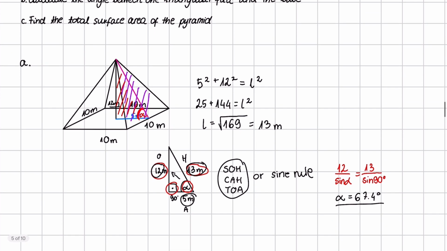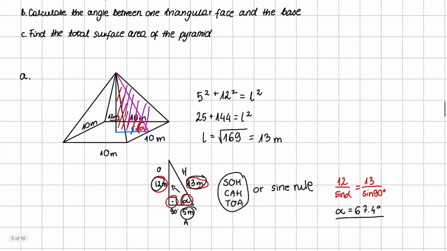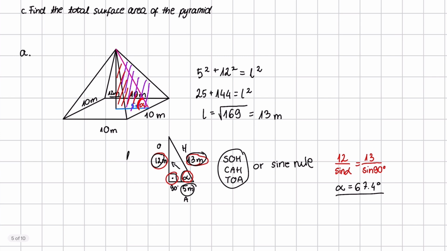And point C, find the total surface area of the pyramid. So basically we have to add the surface area of our 4 triangular faces and the area of the base.